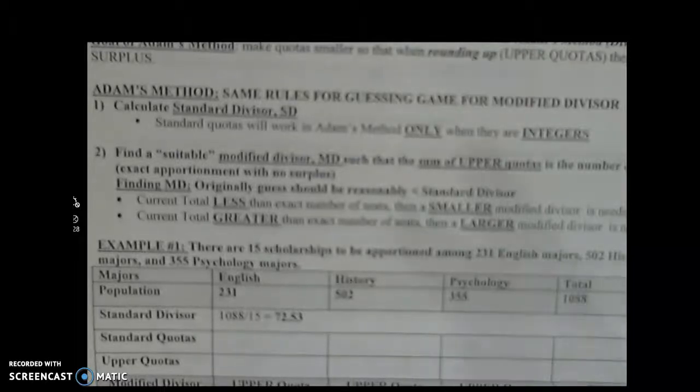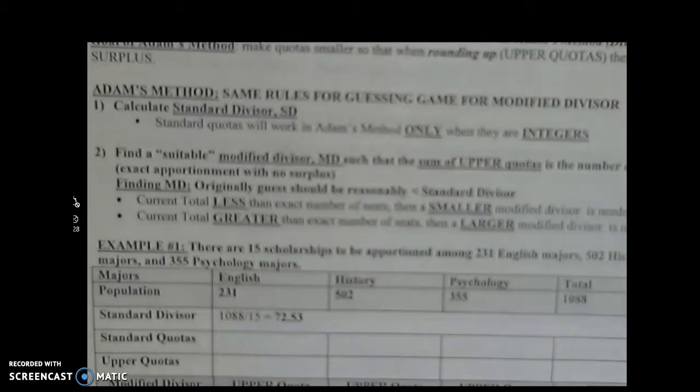All right. So, after we've talked about the Hamilton method, then we discussed the Jefferson method, and very similar, there were some issues that arose with the Jefferson method, and it produced what they called some upper quota violations.